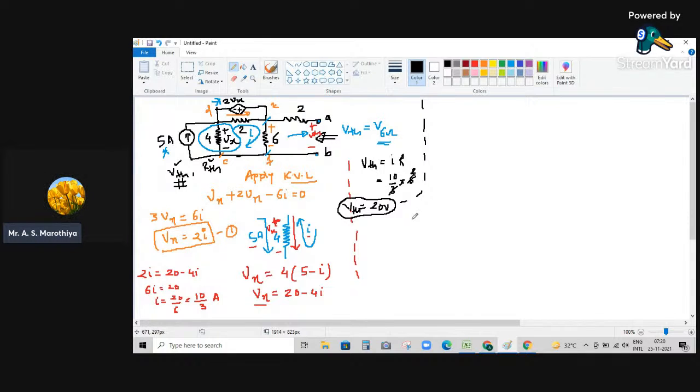That means to find the value of effective Thevenin's equivalent resistance across load terminal, whatever the sources, when I say sources, they are strictly independent sources. All the independent sources available in the network we need to deactivate. And when we have independent voltage source, we are going to deactivate them by short circuit.